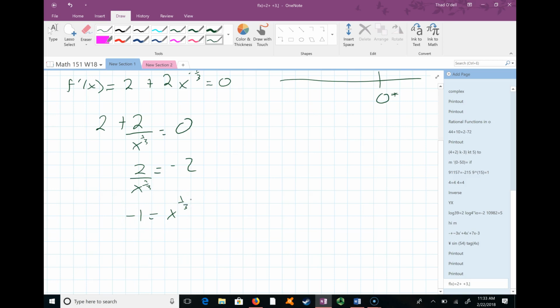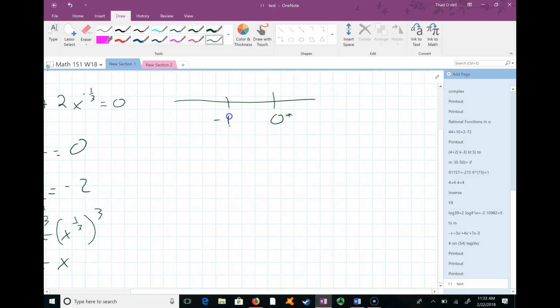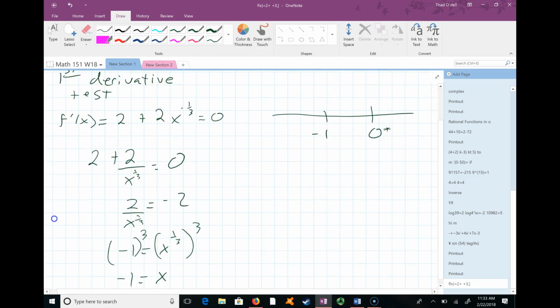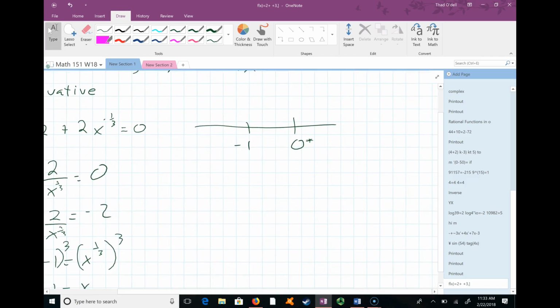So then I just cube both sides and I get -1 is equal to x. And -1 cubed is still -1. So that means -1 is a critical point because it makes the derivative equal to 0. And there are no other critical points. So these are the only places where it can change from increasing to decreasing.